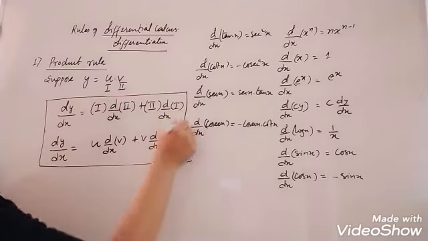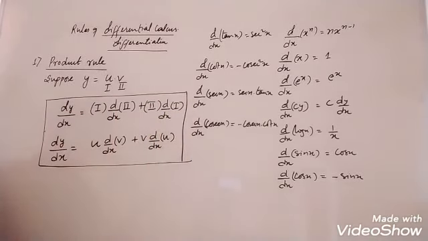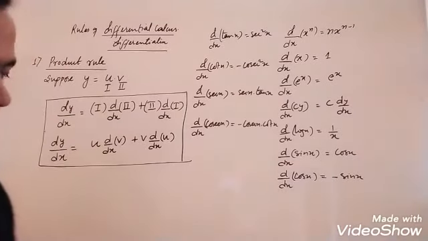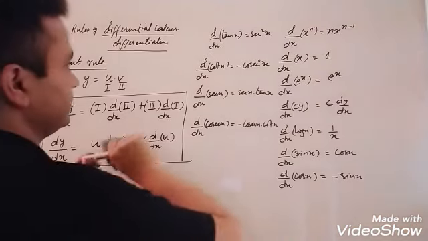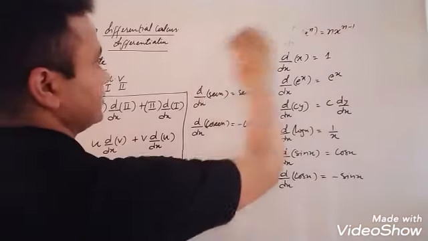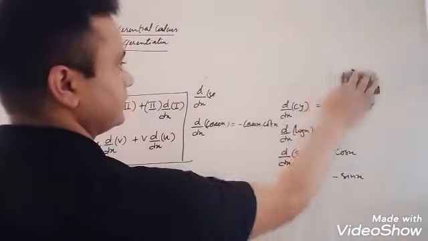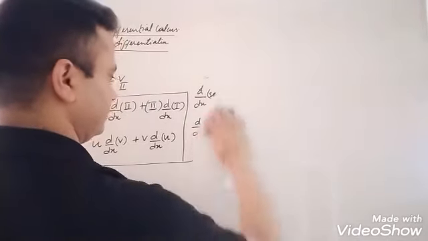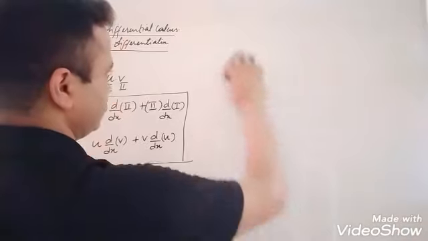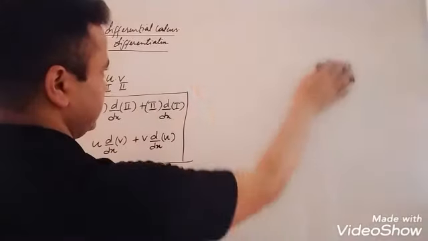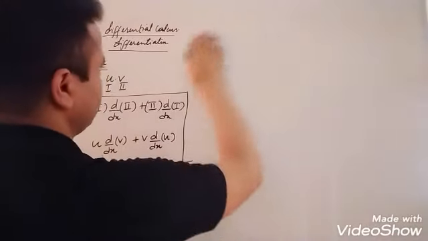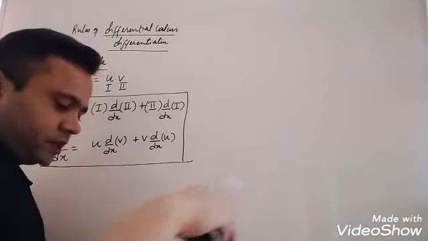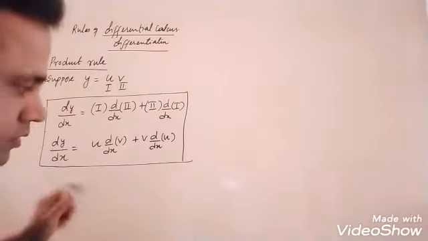Now let's take one example for product rule. In product rule, there is a product function. How will you obtain a product function? By multiplying two or more functions, we will get a product function.